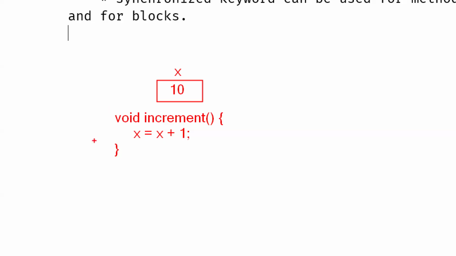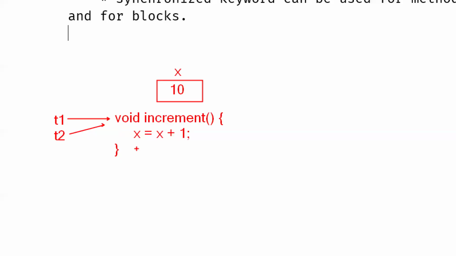How many threads? Two threads. T1 is a thread. T2 is a thread. Two threads are executing this method simultaneously. What this method will do is increment the X value by 1. Correct?